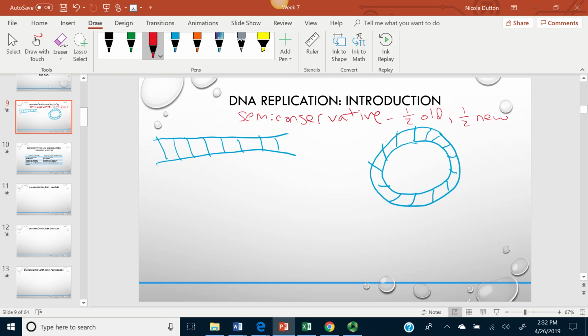In other words, the strands of DNA will separate, and each strand will be used as a template to create a new strand of DNA. So the new strands get built on the inside here, and this is what we end up with.